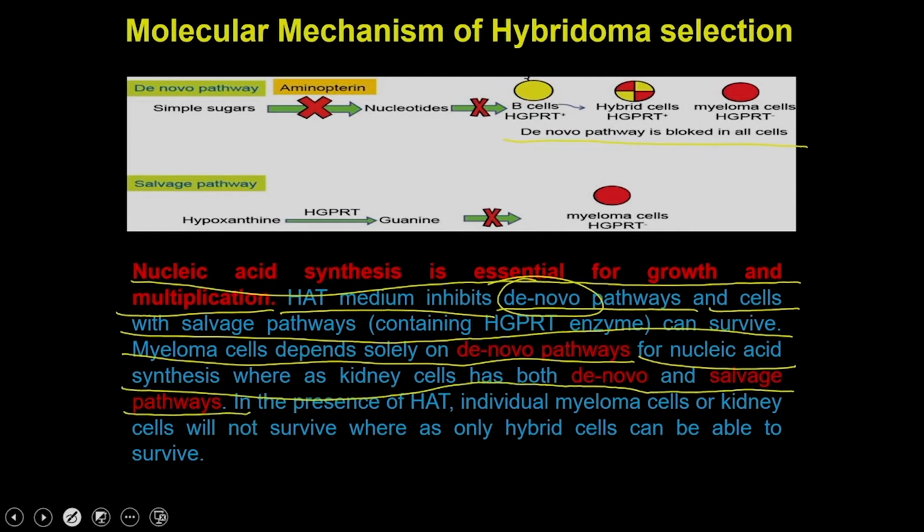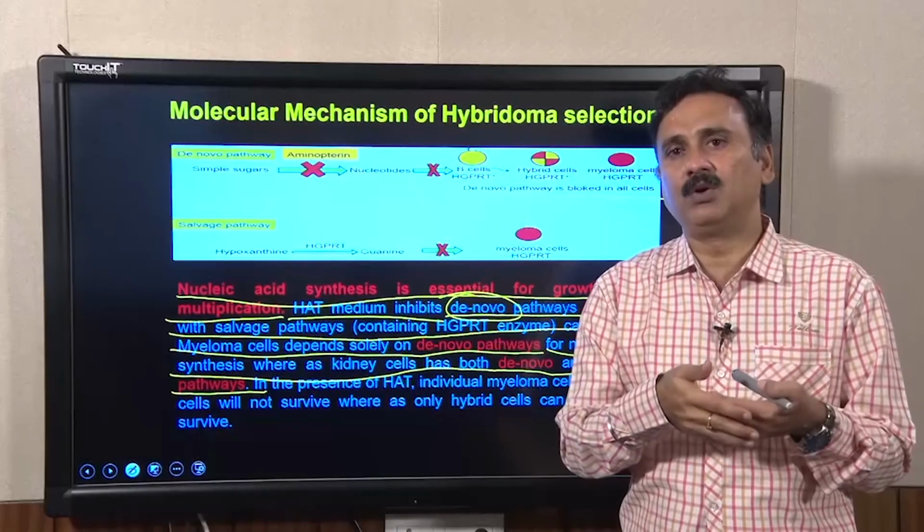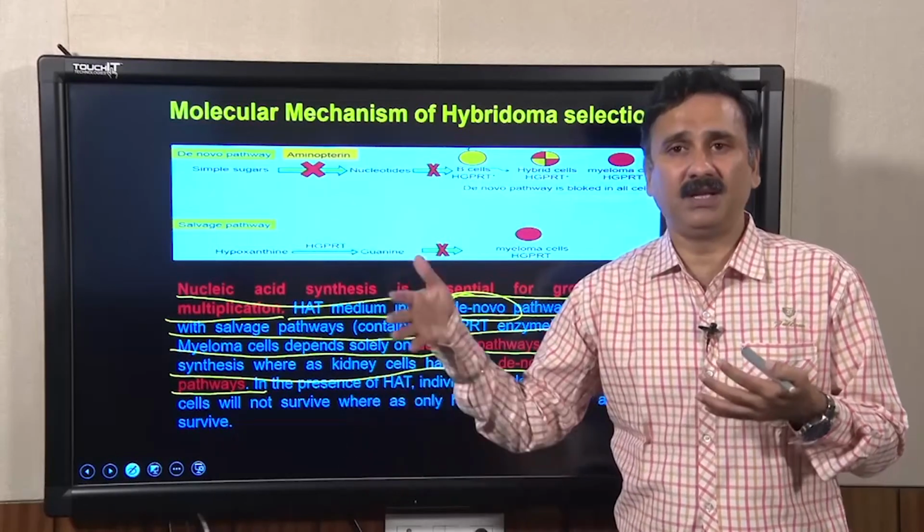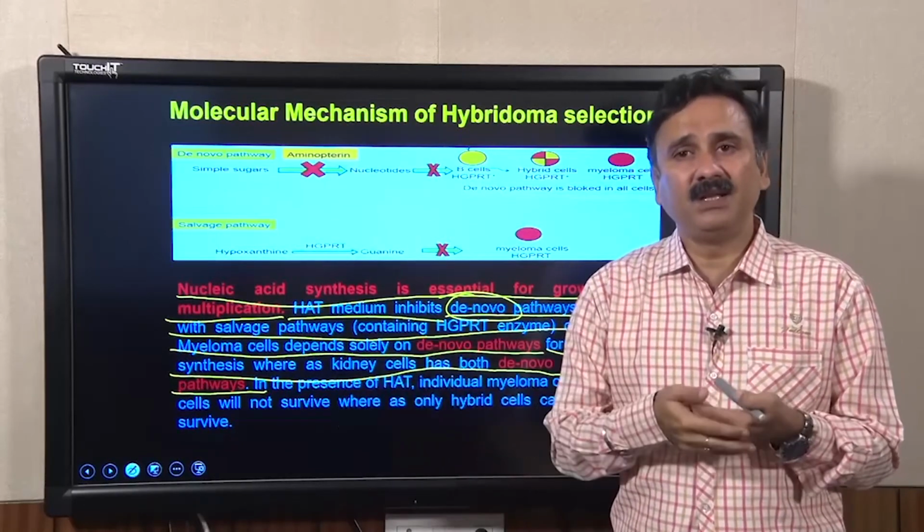This means the myeloma cells cannot run the salvage pathway, or they are not going to run their metabolism until they have a supply of nucleotides from other sources. Because the de novo pathway is blocked, they cannot go with the salvage pathway, as that is not present in these cells.